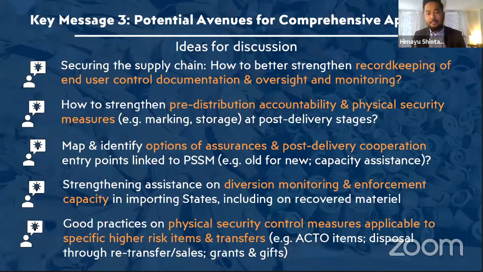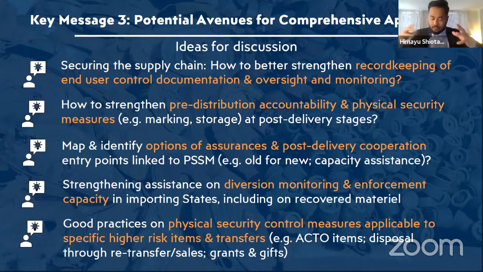Why am I mentioning this? I'm mentioning this because there are different assurance measures that increase the confidence of measures that can be taken at the post-delivery stage, including stockpile management. And one additional one that I will highlight is old for new program. Of course, this is something that you may be familiar with from the practice of Germany. But this asks the question, what are you doing with your old equipment before you acquire a new one?